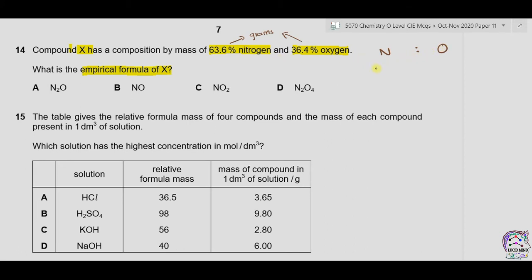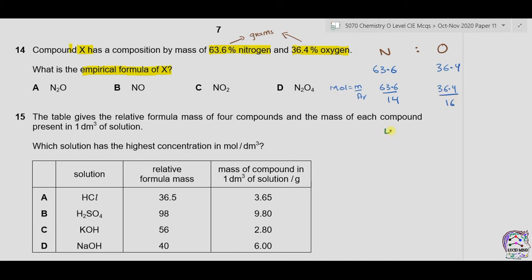The mass in grams will be 63.6 grams for nitrogen and 36.4 grams for oxygen. Now the second step is to find the number of moles. Moles can be found by dividing mass by molecular mass, or atomic mass in this case. So we can divide 63.6 by the atomic mass of nitrogen, which is 14, and 36.4 by the atomic mass of oxygen, which is 16.